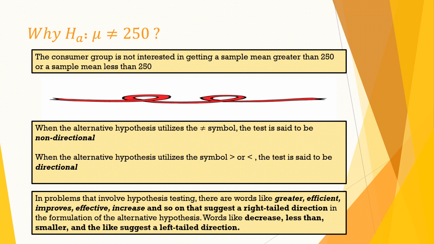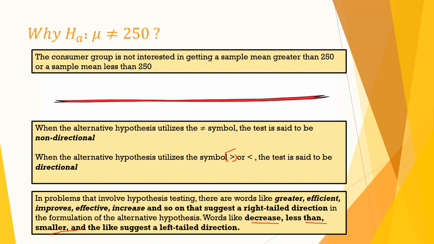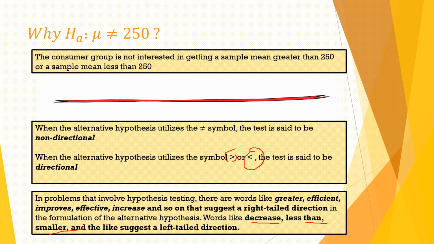Ibig sabihin, kapag may mga terms tayo that suggest, kagaya nito, greater than, efficient, improves, effective, ang gagamitin natin na symbol is greater than. Okay? But if we have words or key terms like decrease, less than, smaller, and the like, okay, it suggests that we will use a left-tailed direction or the less than sign.